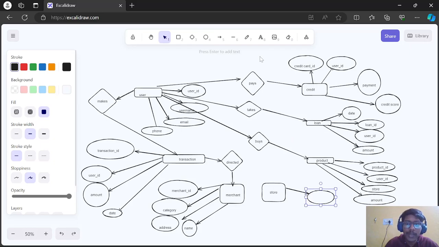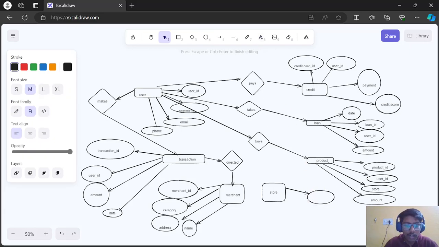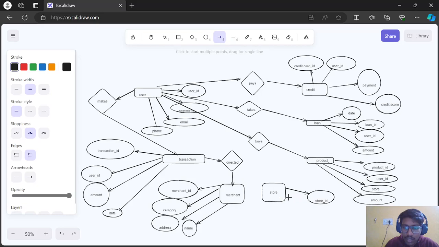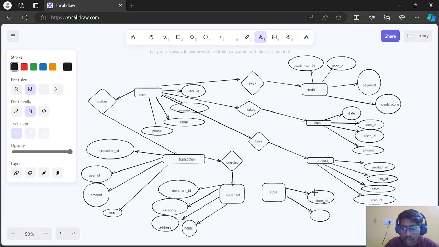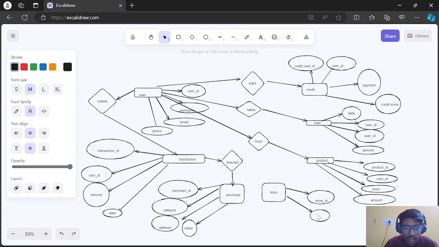The primary key in the store entity would be store ID, which is unique for every store. The next attribute would be the merchant, the one who is going to sell in that particular store.